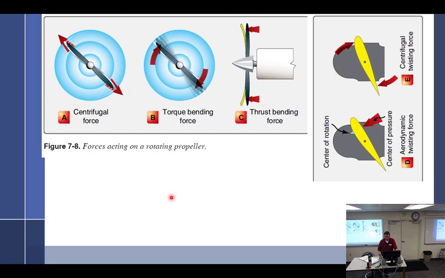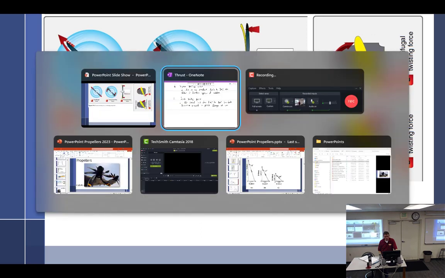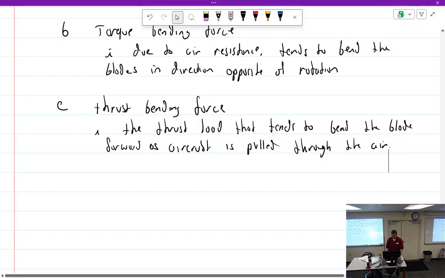Sorry. So anyway, these two over here are important. Aerodynamic twisting force, not to the greatest extent, but centrifugal twisting force is probably the most important force that we deal with when we talk about propellers from a standpoint of how they work. So we have aerodynamic twisting force as one.